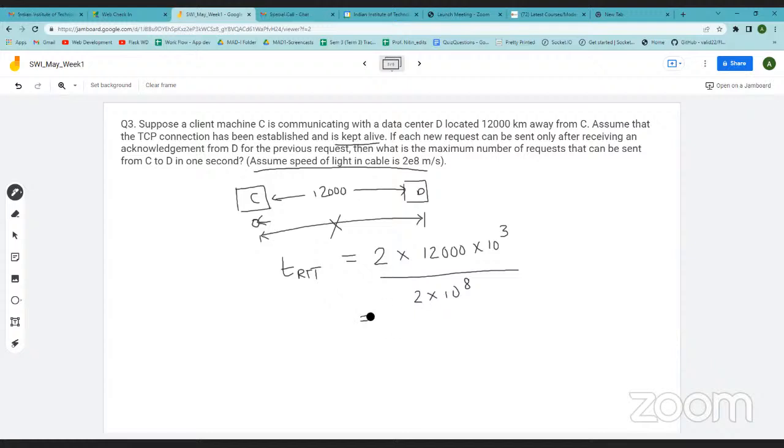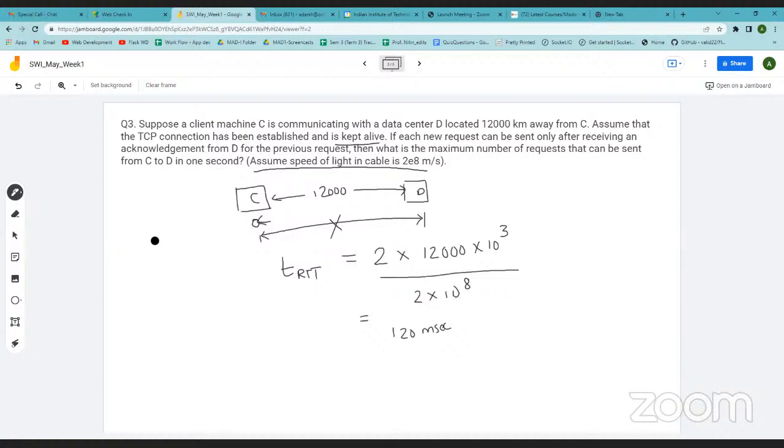Let's see how much we'll get. Is it 120 millisecond? Yeah, it's 120 millisecond, right? So what does this mean?